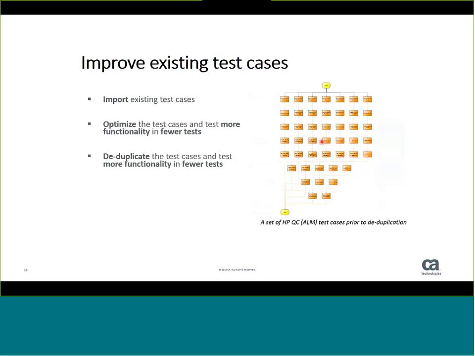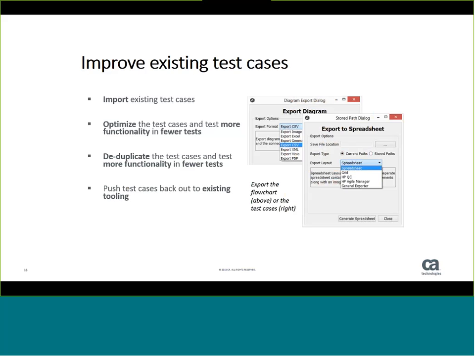And this is an example of an HP ALM prior to removing the duplication that has been occurring over here, which you can see is very intimidating, but this is where ARD will come in and clean it up for you. You can export the diagram into a spreadsheet if you so choose, into HP Quality Center, Agile, and Agile Central on an as-needed basis.